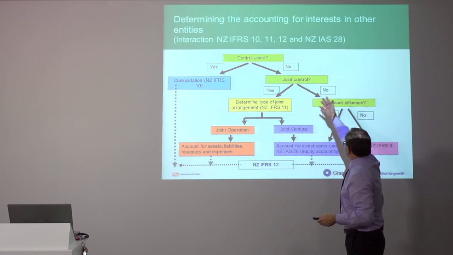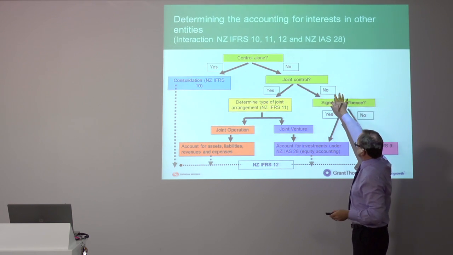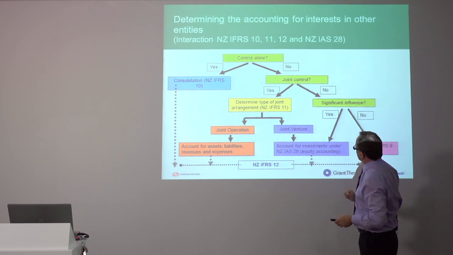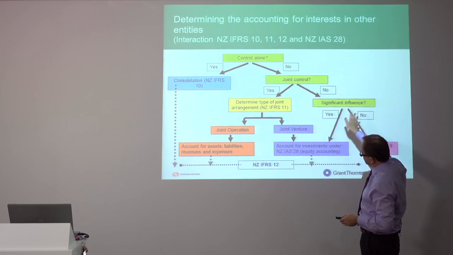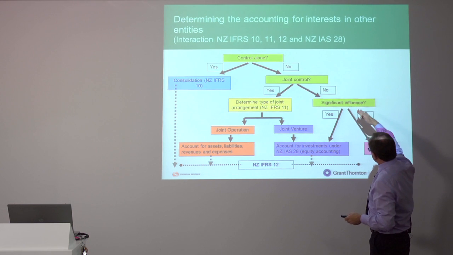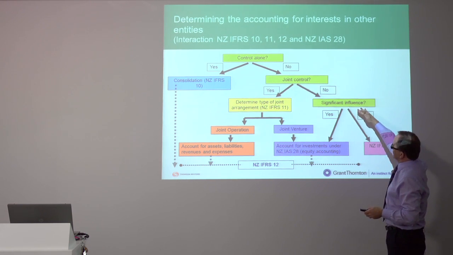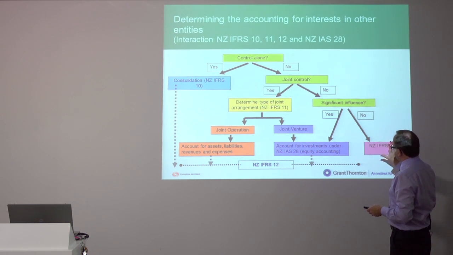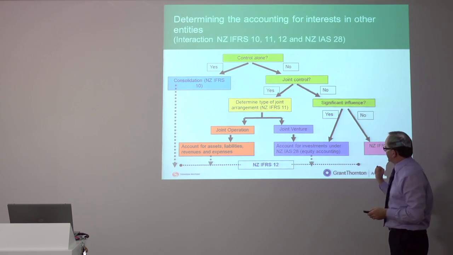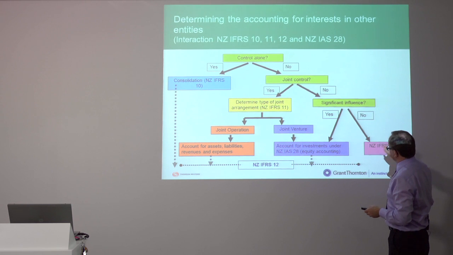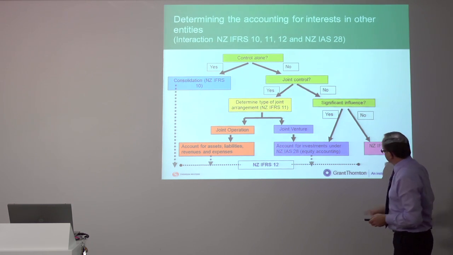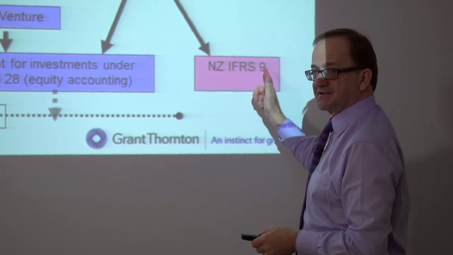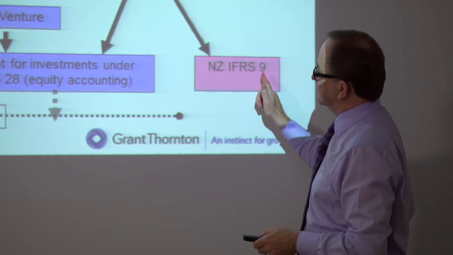And then coming down the side here, if you haven't got joint control, have you got significant influence? Again, we've been working with nominal thresholds of 20% of the shareholding. So if we find ourselves saying, no, we don't have significant influence, let's say we've got a 10% interest in an investment in a private company, where this is heading us to ultimately is NZ IFRS 9, the financial instruments standard.